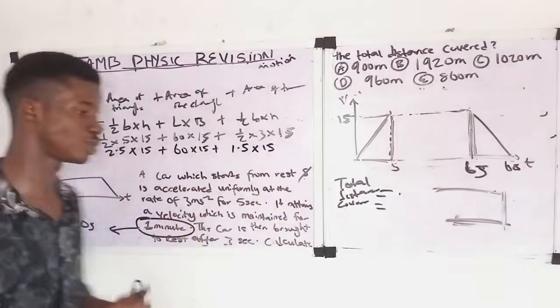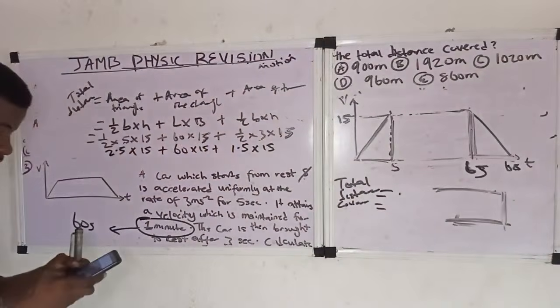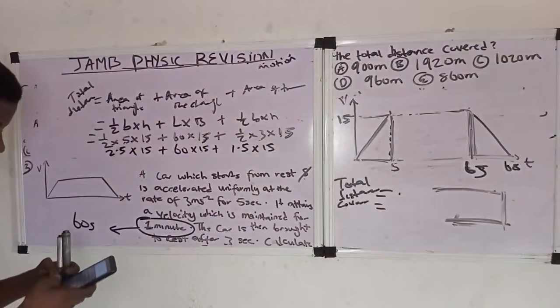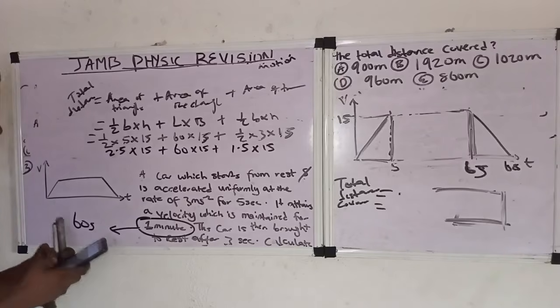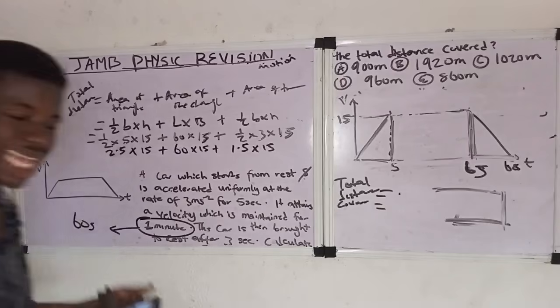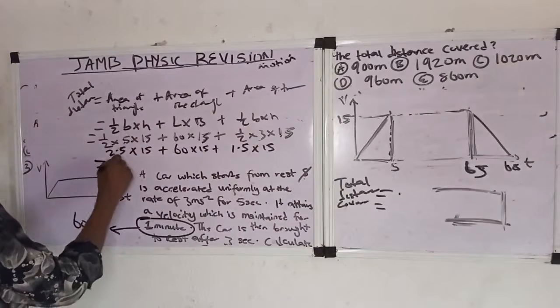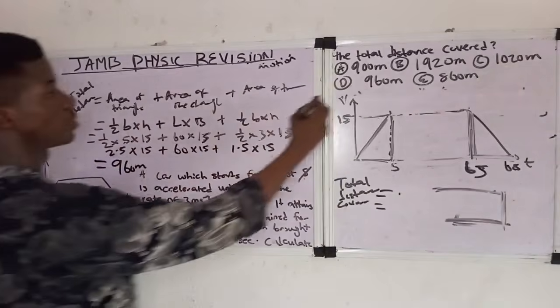Let's do it with the calculator. The answer is 960. So the total distance covered in the graph was 960 meters. So the answer is D.